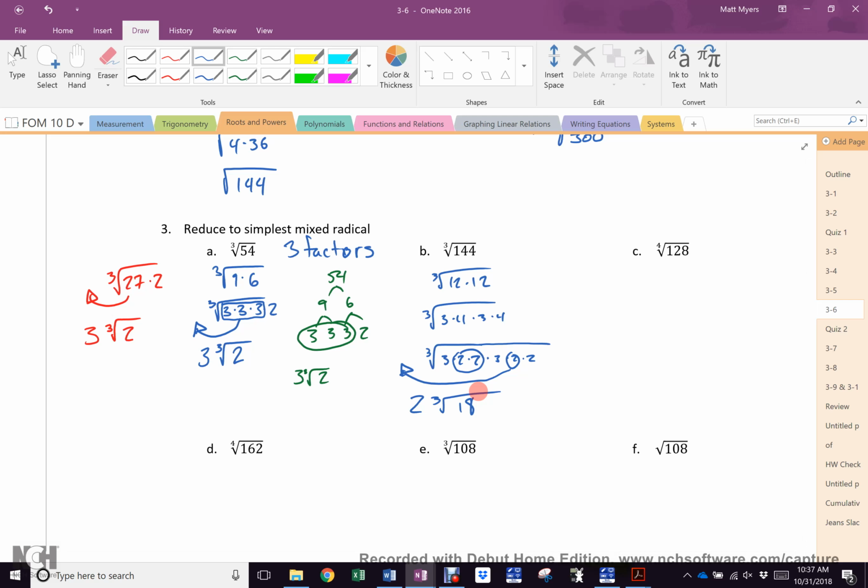Okay. What's really weird about C? It's a 4. So I'm looking for how big's the group now? 4. So I got to break it down. I know that that is 64 times 2, yeah?